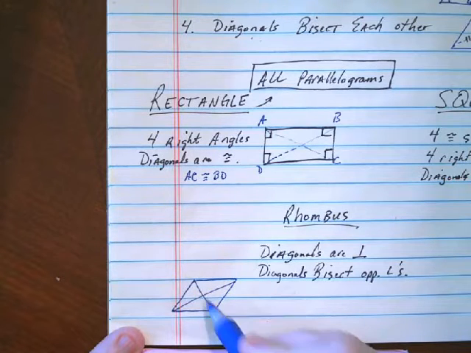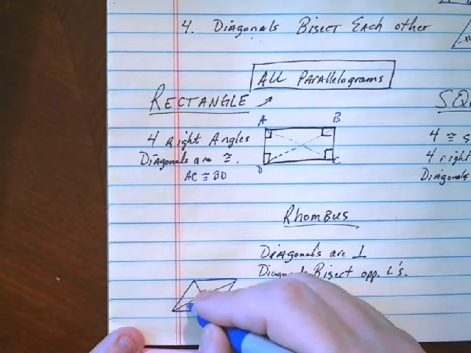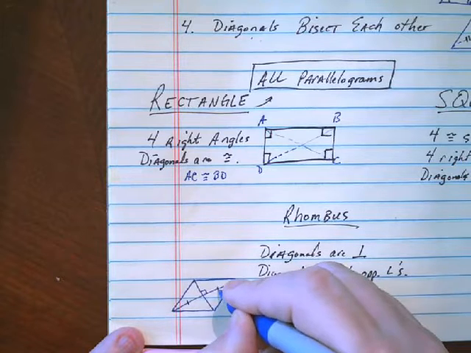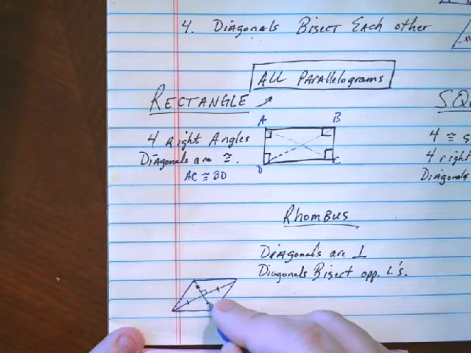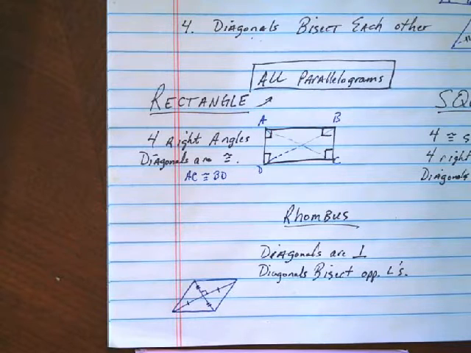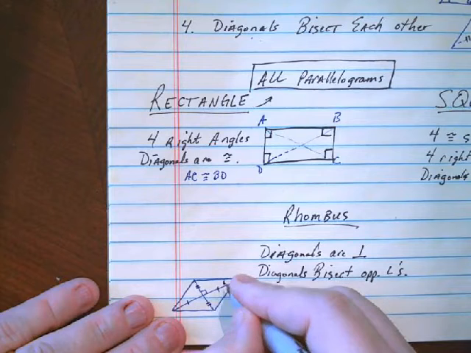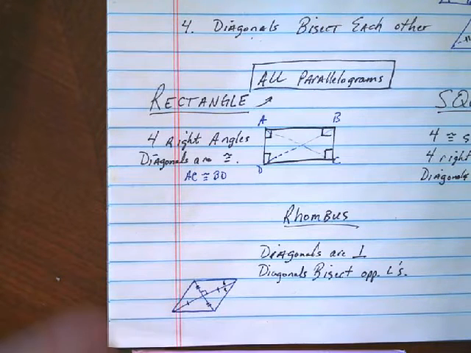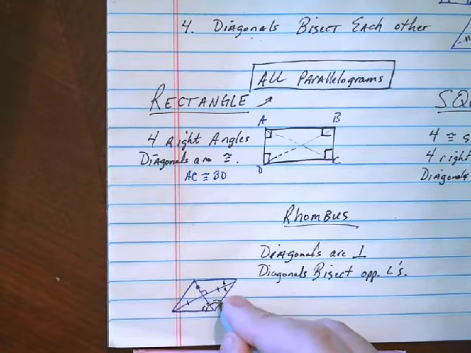the diagonals bisect each other and they're perpendicular. They bisect each other because that's what they do in a parallelogram. But they also bisect opposite angles, meaning this angle and that angle are congruent, and then this angle and that angle.